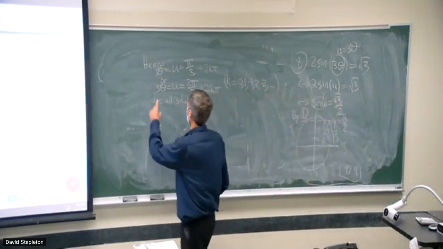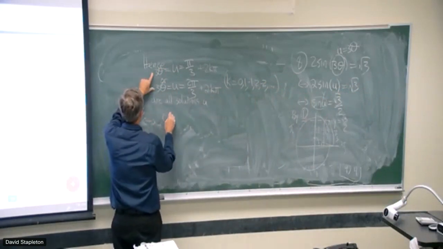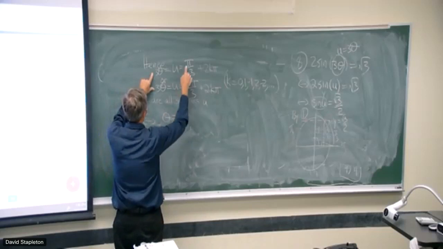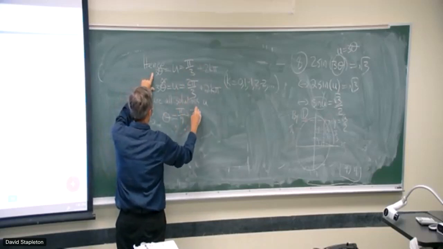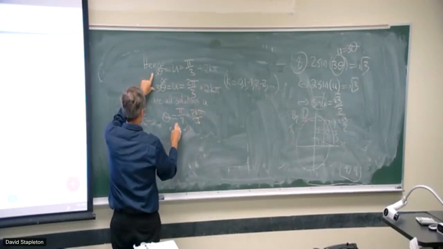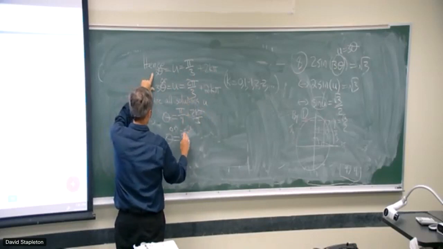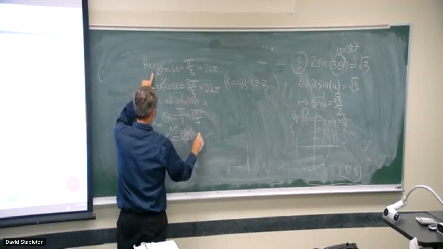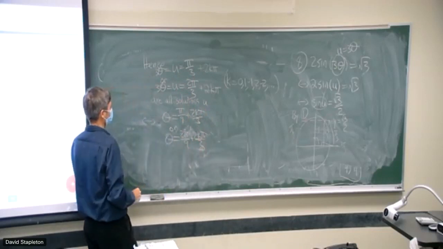If these are all solutions 3 theta, I divide through by 3 and say equivalently, theta equals, we'll divide the whole side by 3, pi over 9 plus 2k pi over 3, or this divided by 3, 2 pi over 9 plus 2k pi over 3. There's all solutions theta.